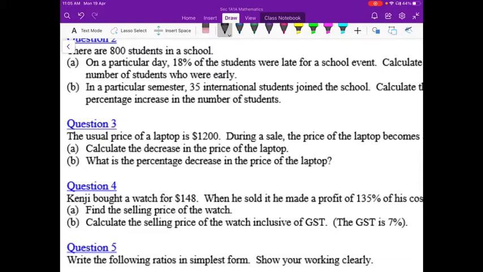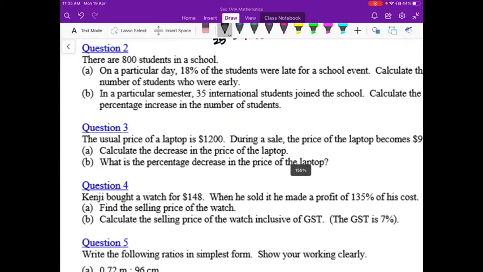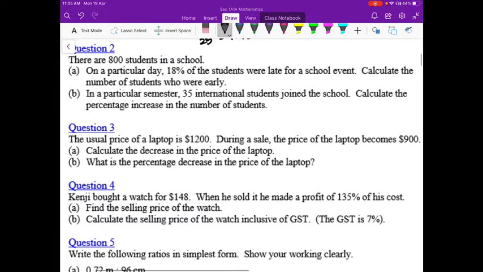But what about the number of students who are early? 100% minus 80%. Wait. So, you are saying that 100% minus 18% equals to 82%. But what does this 82% represent?